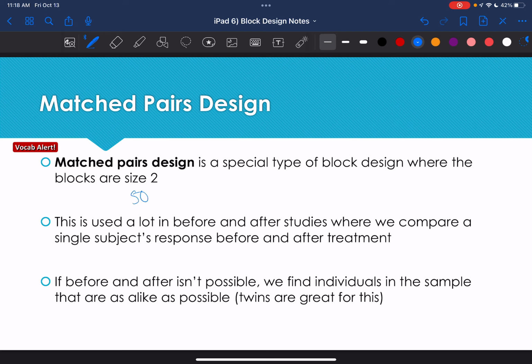But let's say we had 50 people. Then maybe we pair by GPA, like the two highest and then the next two highest. Then we do random assignment within each pair.